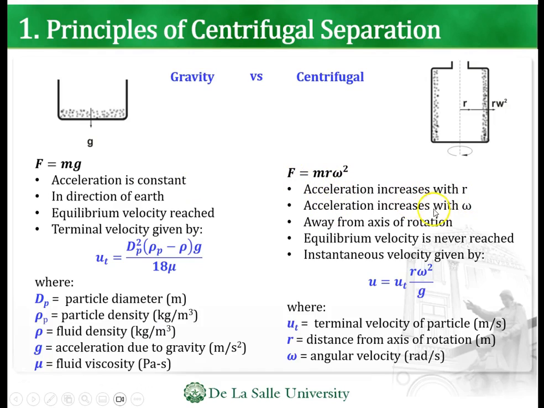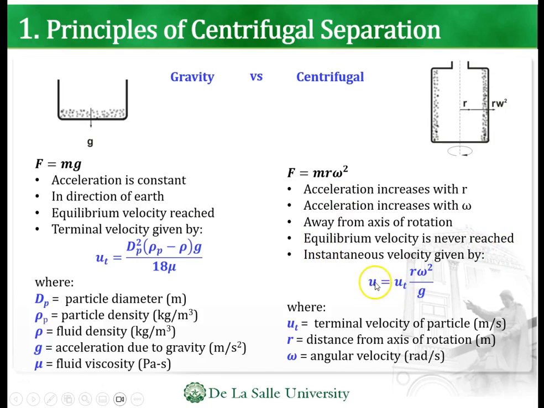The acceleration increases with increasing omega, and away from the axis of rotation, all the time. And then equilibrium velocity is never reached. However, the instantaneous velocity can be solved.